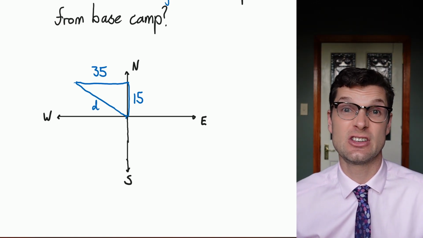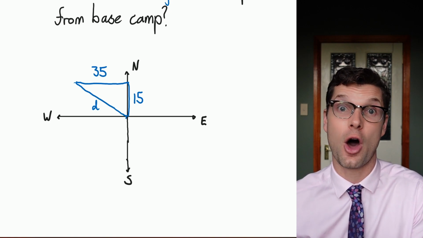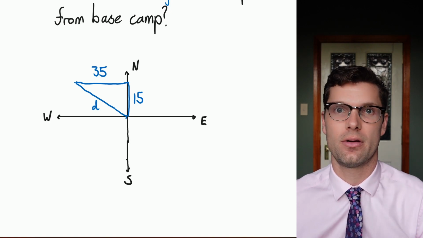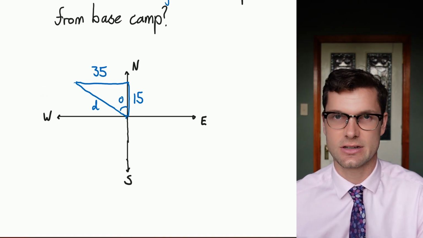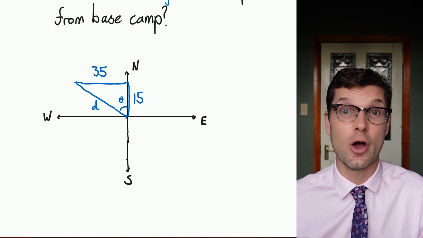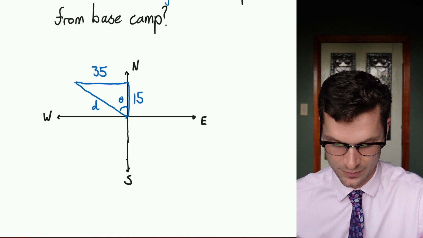And because we've got two sides, that gives us an angle of interest. We need to know where we are from the origin. So not that top angle, but this one down here is our angle of interest. So I'm going to find out the angle first, and then we'll find out how far away we are from base camp.